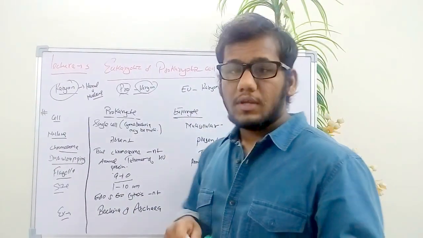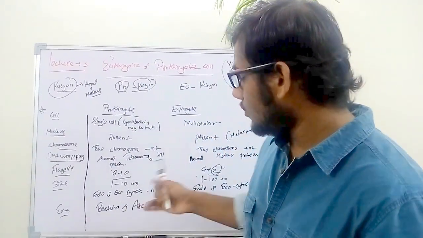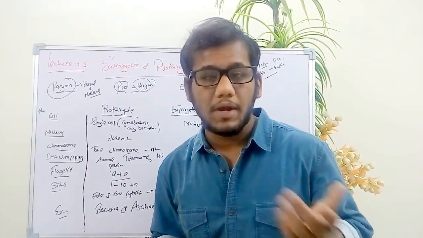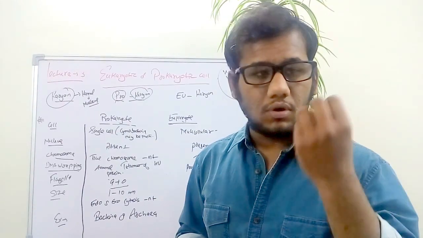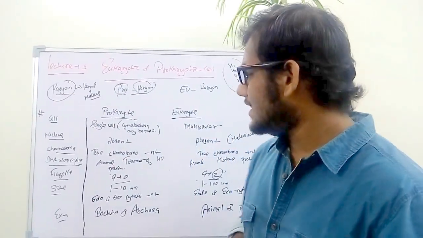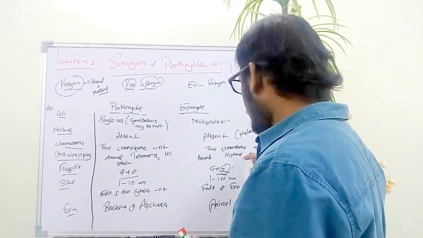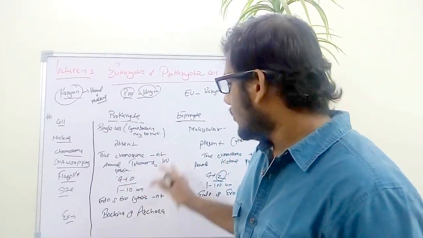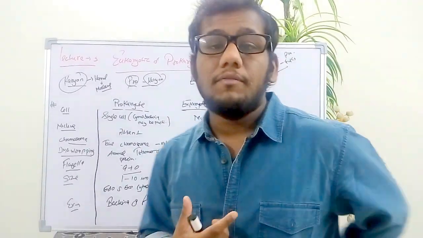And when talking about other cell organelles, like endoplasmic reticulum, mitochondria, peroxisomes, and centrosomes, all these cell organelles are absent in the prokaryotic cell and present in the eukaryotic cell. Now we talk about the difference of pili and fimbriae.